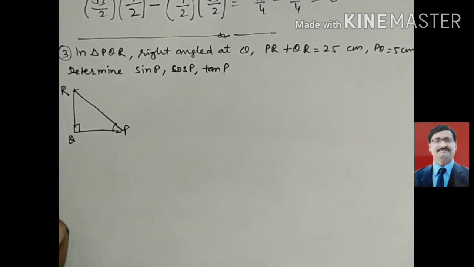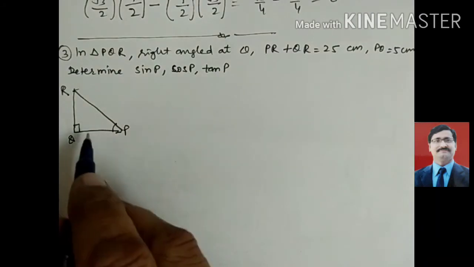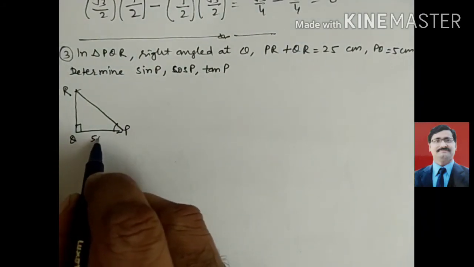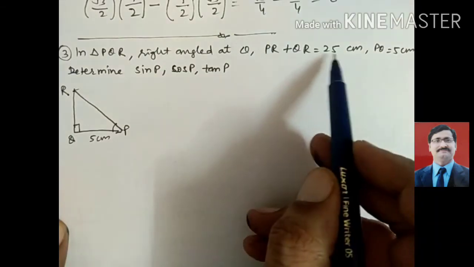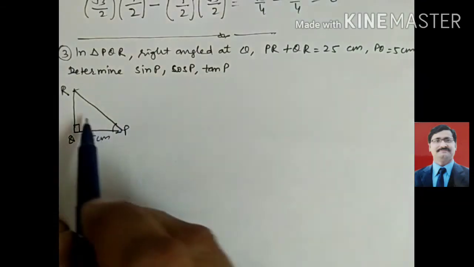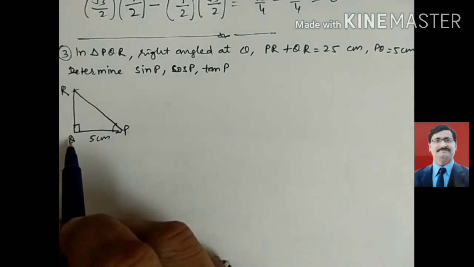Next, PQ is 5 centimeter, given. And the sum of PR and QR is given to you as 25. PR is this and QR is this.